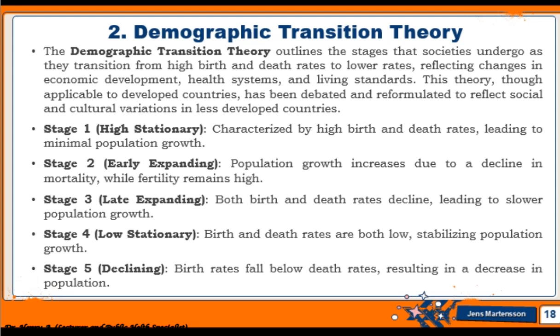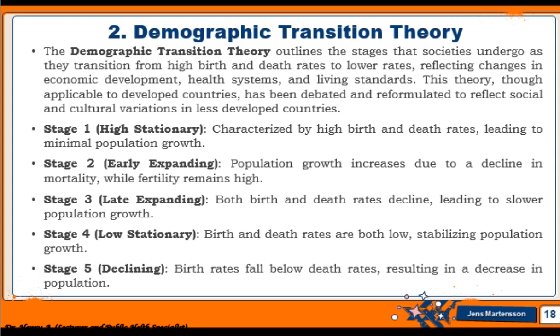Stage 2, early expanding. In this case, you find population growth increases due to a decline in mortality, while fertility remains high. Stage 3, late expanding. Both birth and death rates decline, leading to slower population growth.